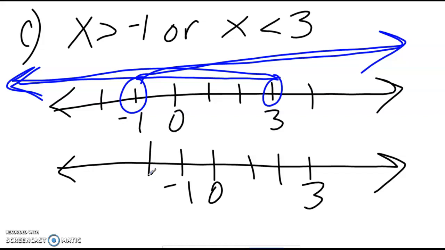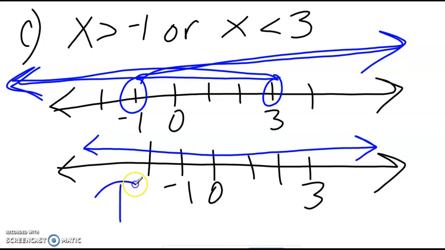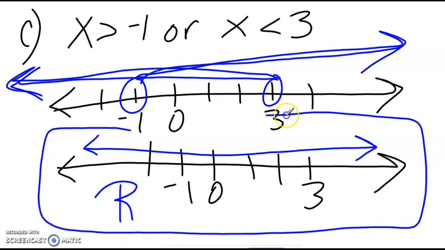So the solution to this compound inequality is going to be any number on our number line. To show that, we would just draw a number line, and then above it, we're going to draw this. There's our solution. Any number on the number line would be part of the solution. And then we're just going to write a big capital R, which means all real numbers are a solution to this inequality.